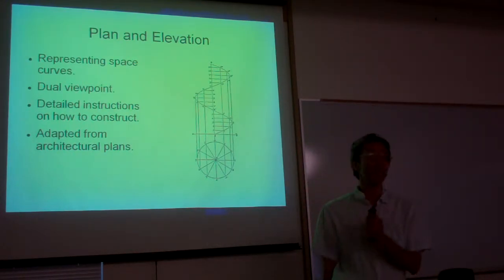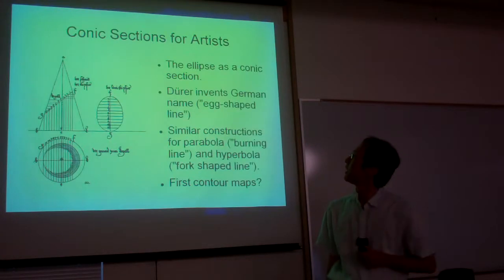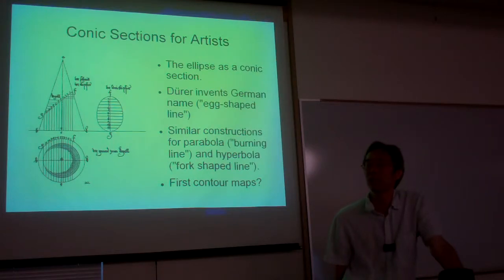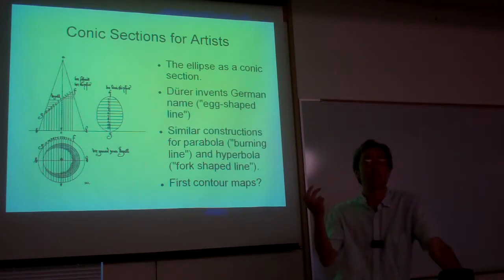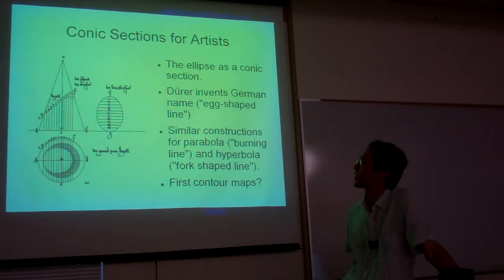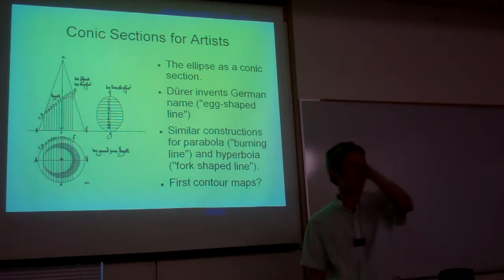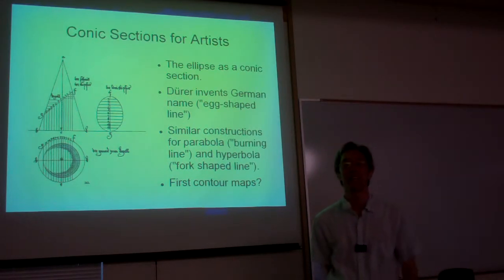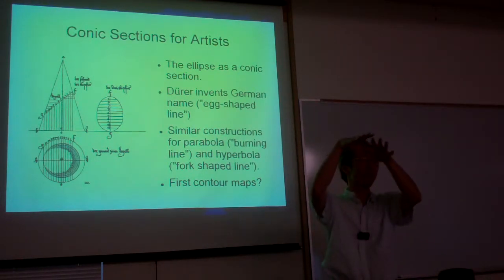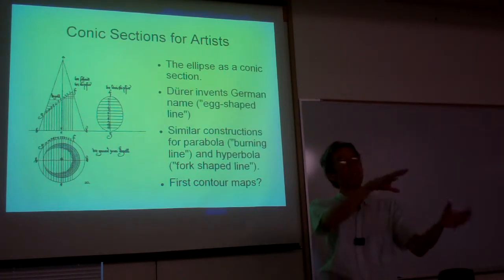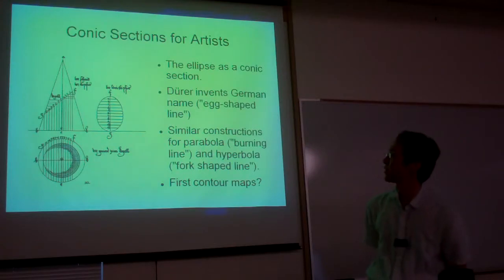And Dürer carries this one step further, which is now one of the classic curves from Greek geometry. Some of the classic curves from Greek geometry include the conic sections, and we all know how they are described. You take a cone, you slice it with a plane that meets certain criteria, and the question is, how do you translate that intersection of the cutting plane with the cone into an actual curve?